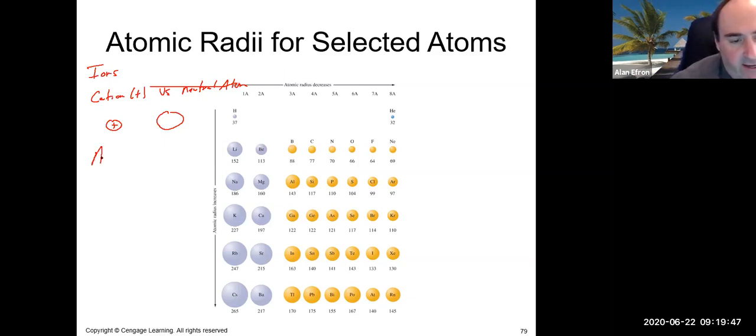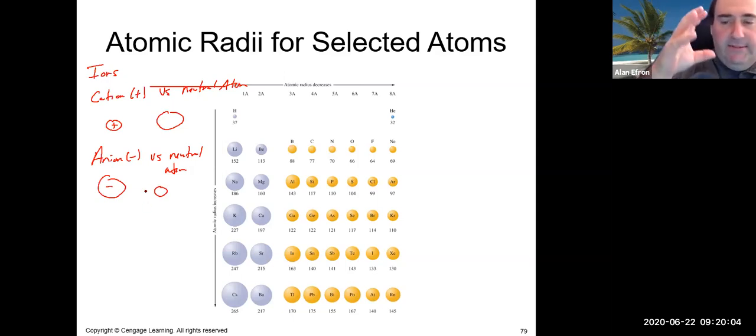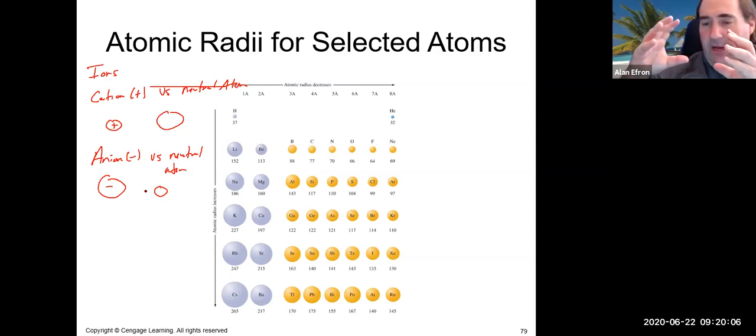And versus an anion, which is negatively charged, versus a neutral atom: the negative ion becomes larger than the neutral atom. The idea behind that is as it gains those electrons, the overall cloud gets larger.